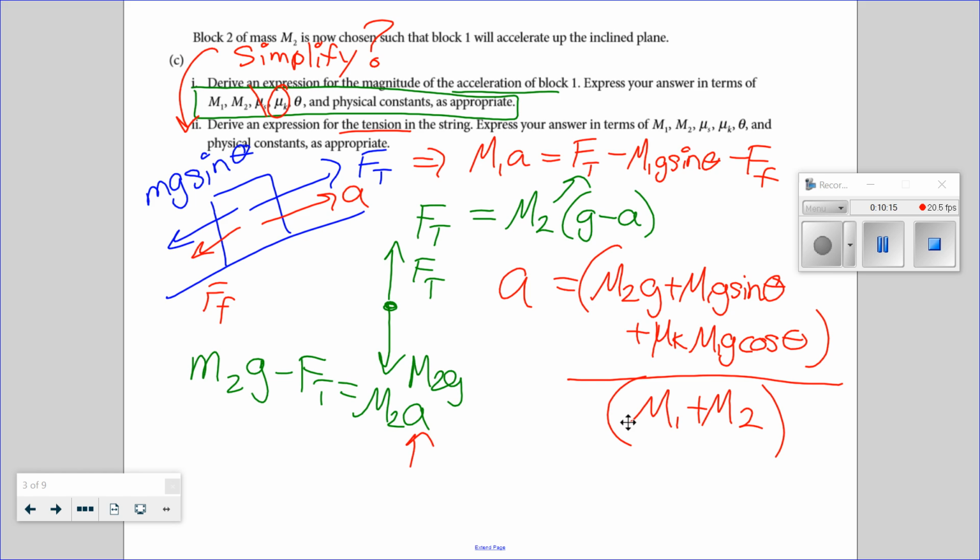Okay. Part C. Oh, look, there's the sum of the forces. Oh, wait. Oh. Oh.